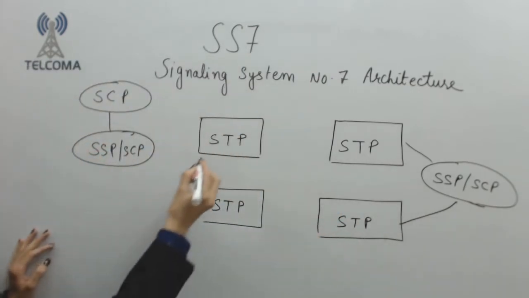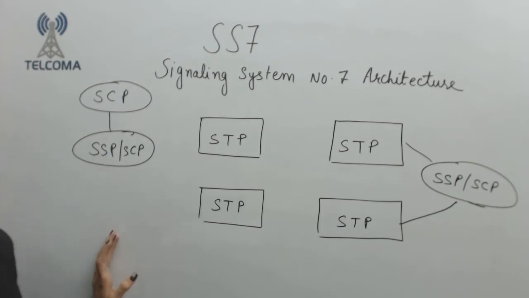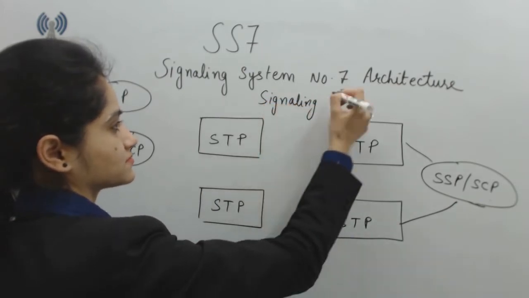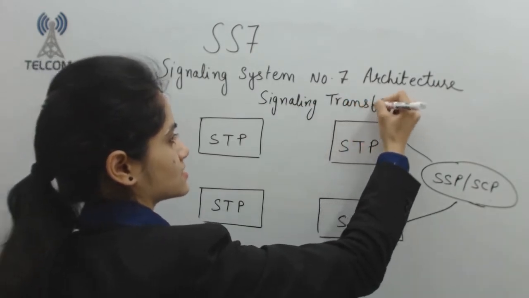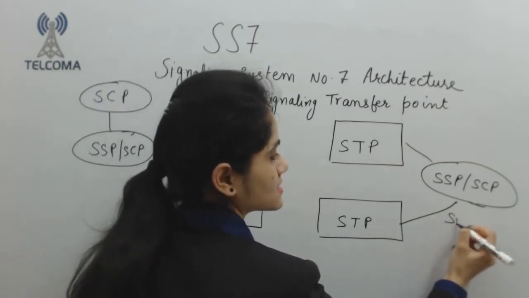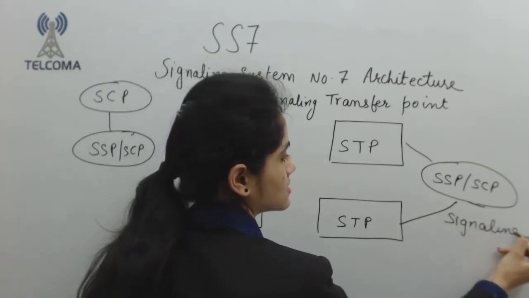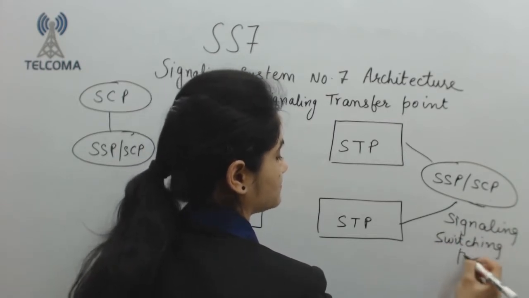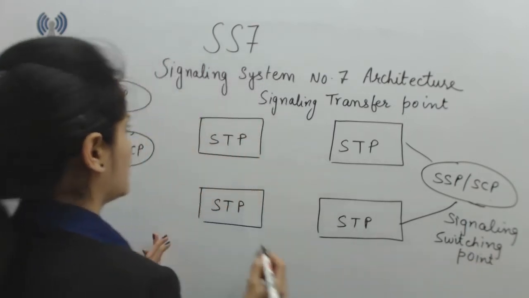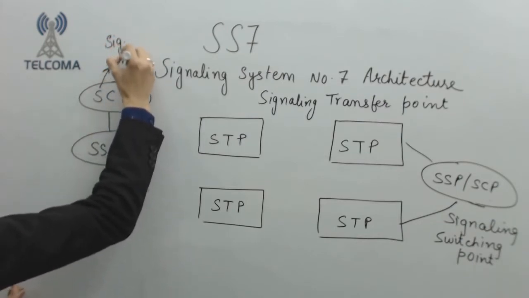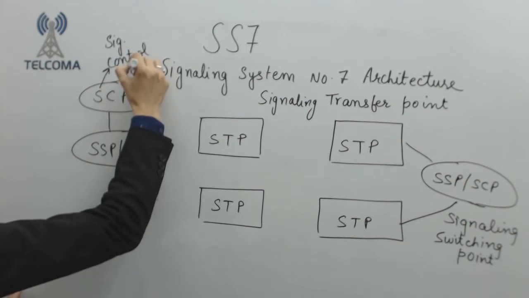So this one is STP, which is known as signaling transfer point. STP as signaling transfer point, SSP as signaling switching point, and SCP as signaling control point.